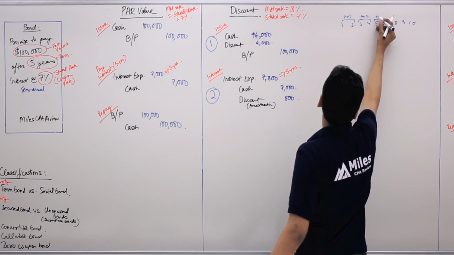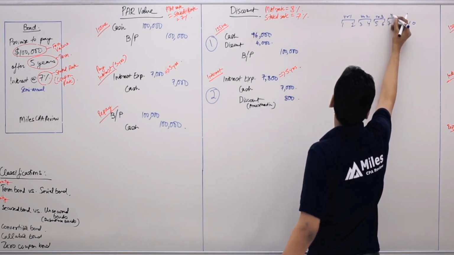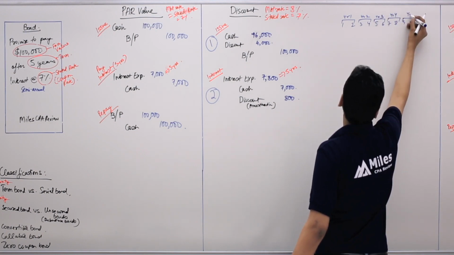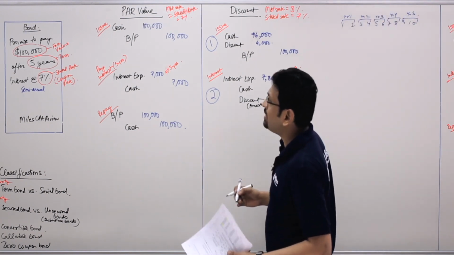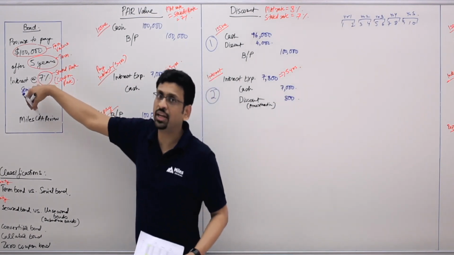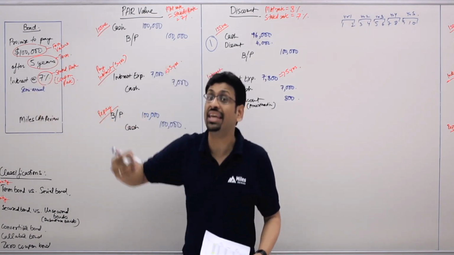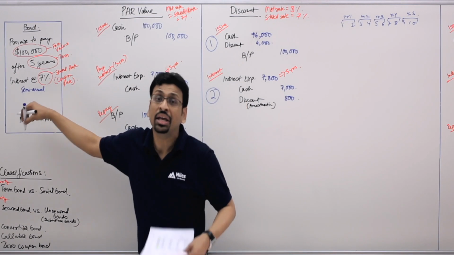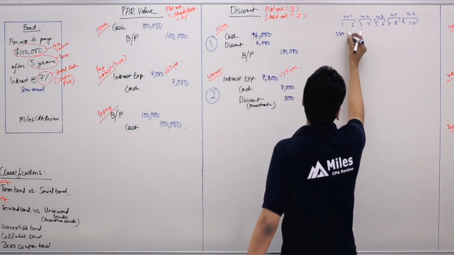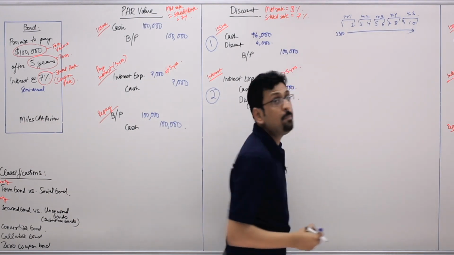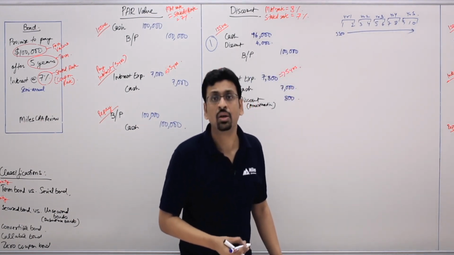This is year 3. 7 and 8, that's year 4. 9 and 10, that's year 5. Now, each period, they'll be paying out interest at 3.5%. Stated as 7, so they're going to be paying out 3.5 every 6 months, semi-annually. So $3,500 of cash flows across 10 periods over 5 years.